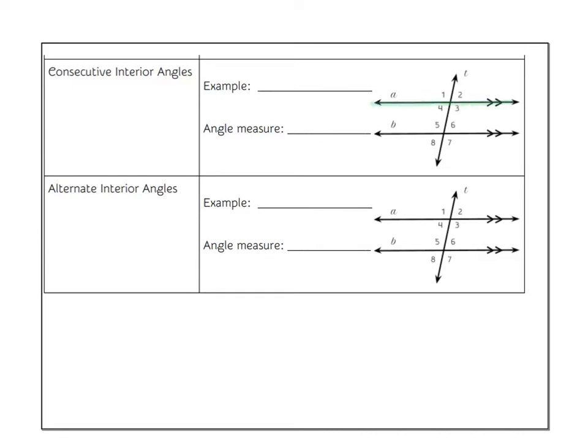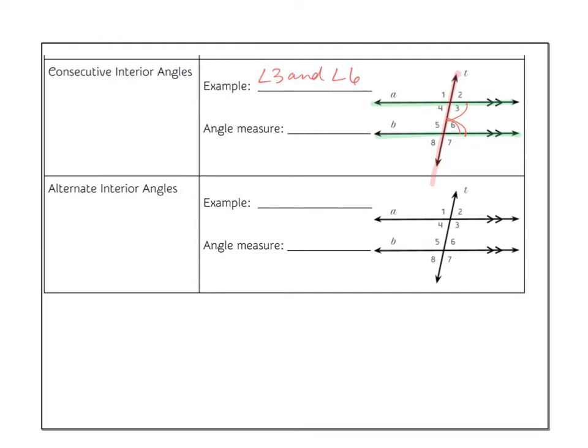So here again, look at our two parallel lines and think about the transversal cutting through. Consecutive interior angles have to be inside the two parallel lines, like angle 3, but they have to be on the same side of the transversal. So an example would be angle 3 and 6. Angle 3 and angle 6 are a pair of consecutive interior angles.